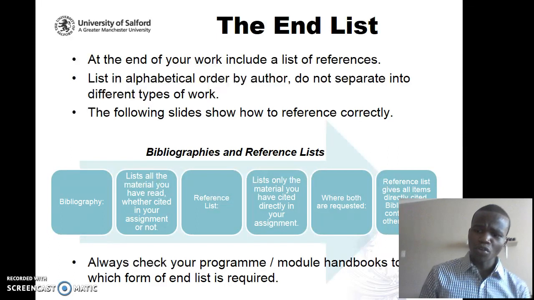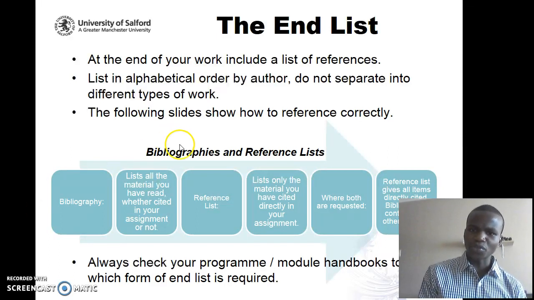Another thing that you need to know, you must know the difference between a bibliography and a reference list. At the end of your work, include a list of references. You must know that the list is in alphabetical order by author. Do not separate into different types of work. Let's show how to reference correctly.